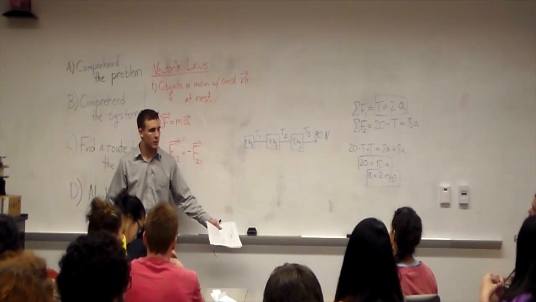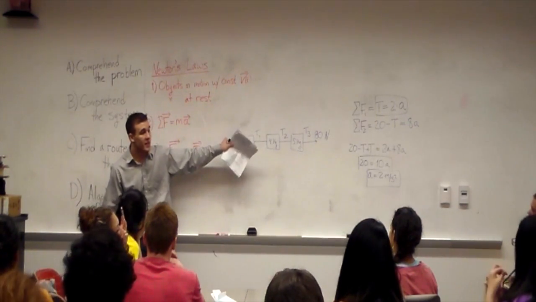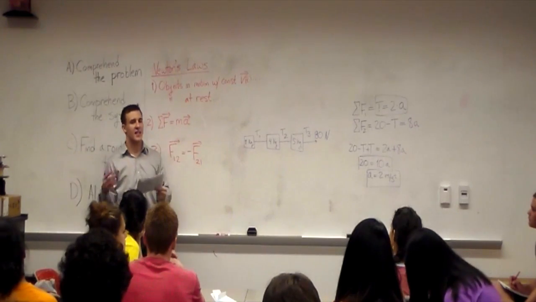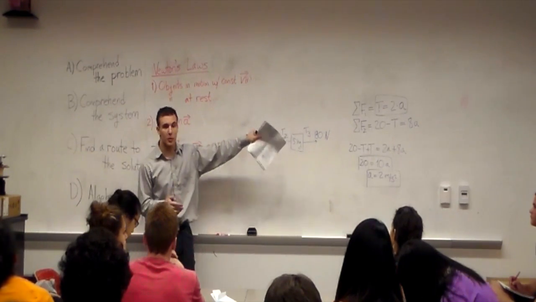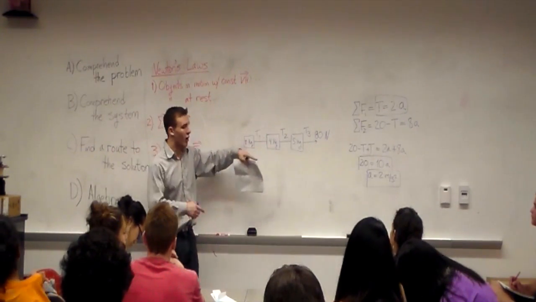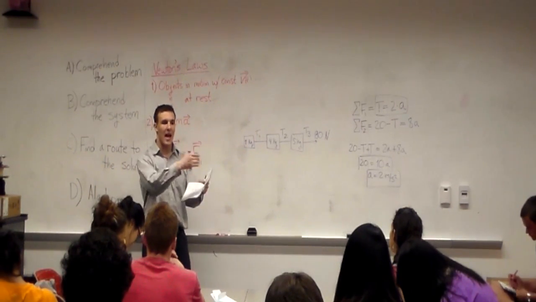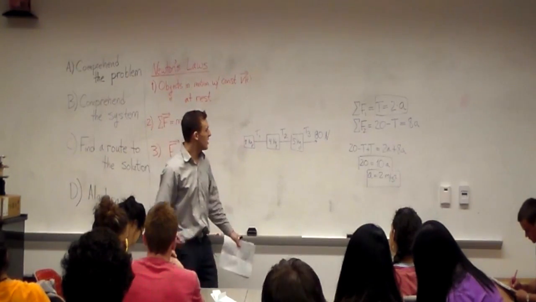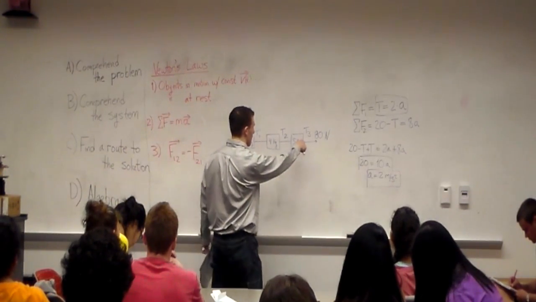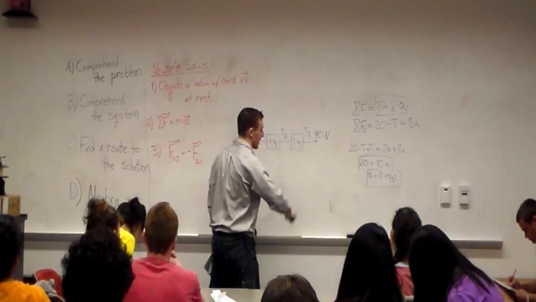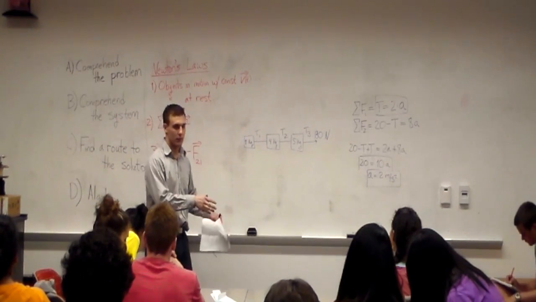T1's only dragging 1 kilogram. T1 is inducing an acceleration of 8 meters per second squared. All of these tensions are inducing an acceleration of 8 meters per second squared on everything that they're dragging. So this guy has to pull 10 kilograms at 8 meters per second squared.